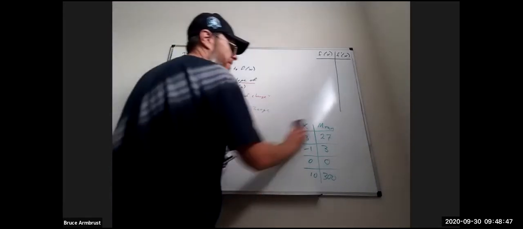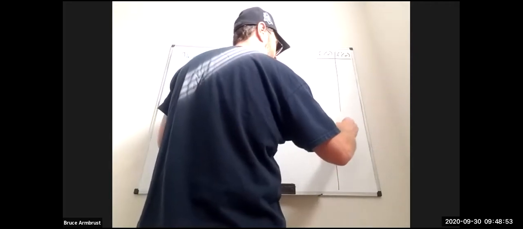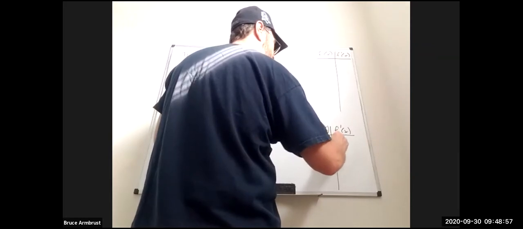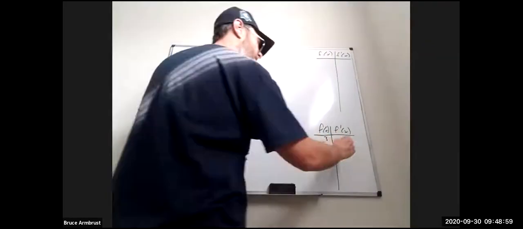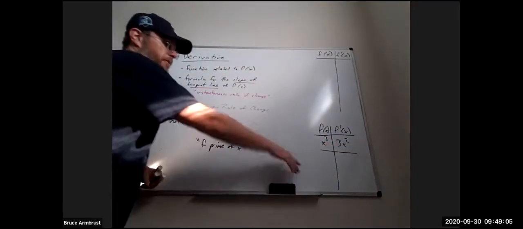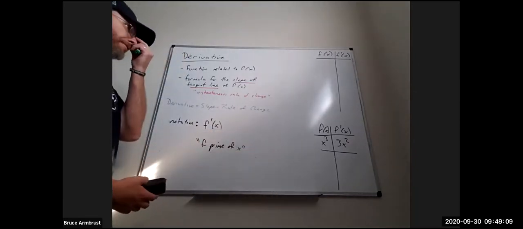Let me write it down lower. And I'm going to put the one that we just did. So we started with x cubed and we found its derivative was 3x squared. We're just going to keep that as a rolling list as we do more of them.